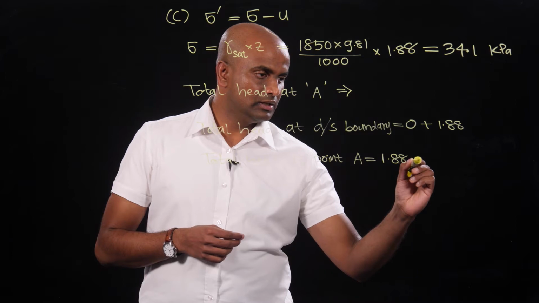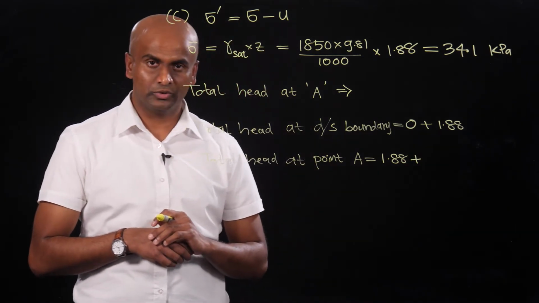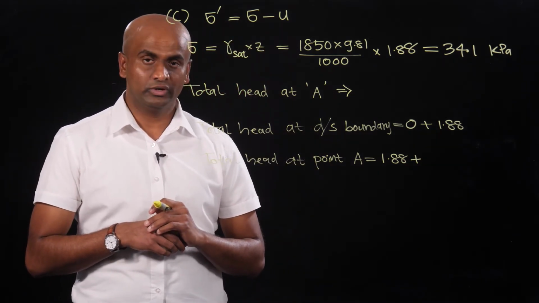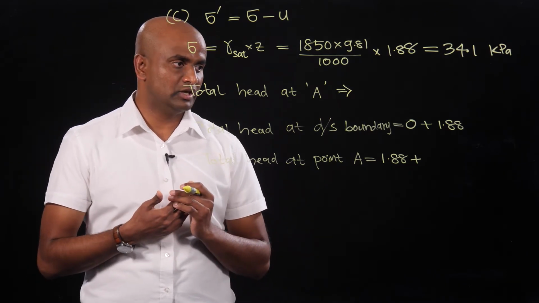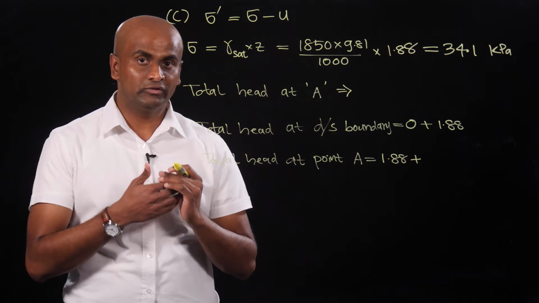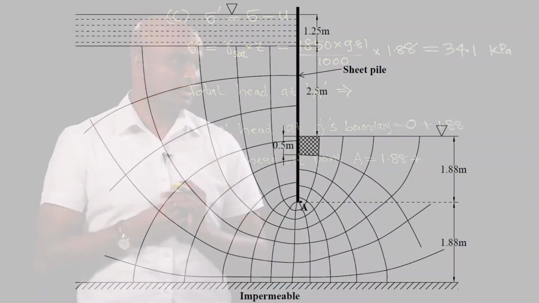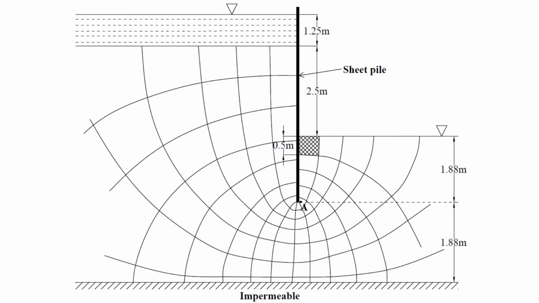There should be another component that comes from the flow, which we can calculate from the flow net diagram. Up to point A, we can calculate the number of equipotential head drops. If you look at the flow net diagram, we can see that there are around 4.8 equipotential head drops.